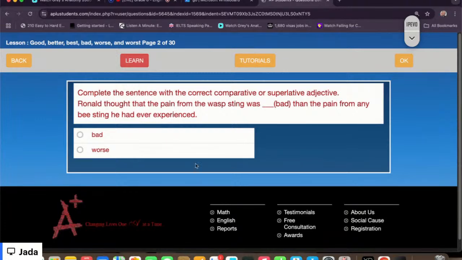Okay, Ronald thought that the pain from the wasp sting was bad than the pain from any bee sting he had ever experienced.